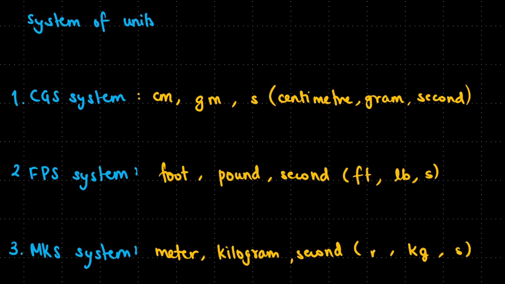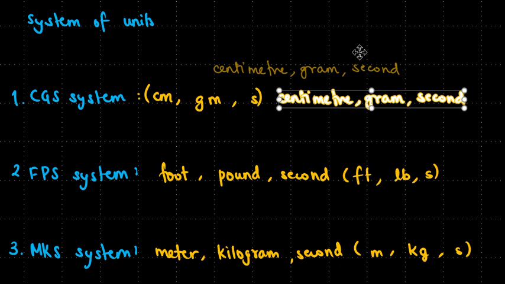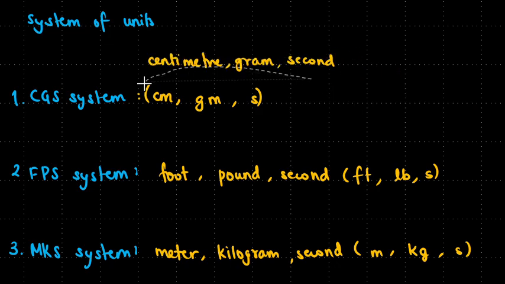Most people in America will use the FPS system, while other countries use the MKS system. We use the MKS system here, so it is much easier for me to understand the MKS system than the FPS system, because the algebra is much easier to do in the MKS system.